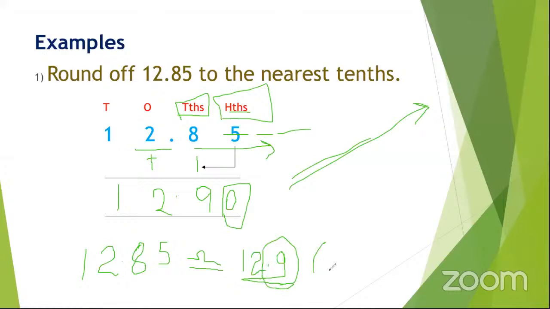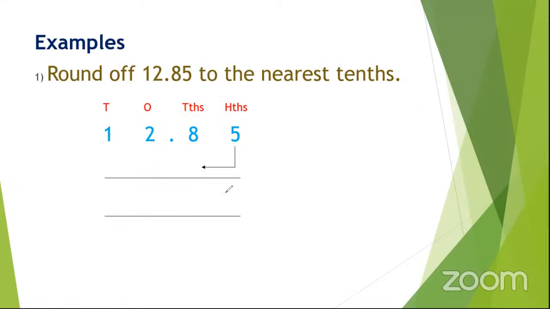The moment you put that 0 there, it means that you've put 2 digits after the decimal point, which is the hundredths. So to answer this question well, because they've said tenths, that is 1 place value, we shall have only a 9 without the other zeros after the decimal point.